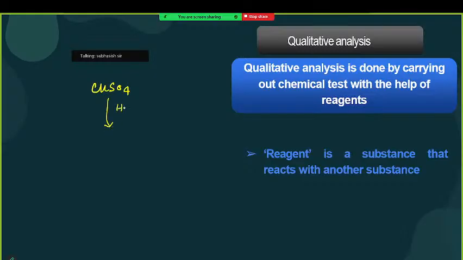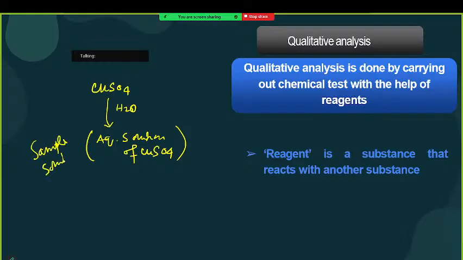You add some water to copper sulfate, and an aqueous solution of copper sulfate forms. This is known as the sample solution.